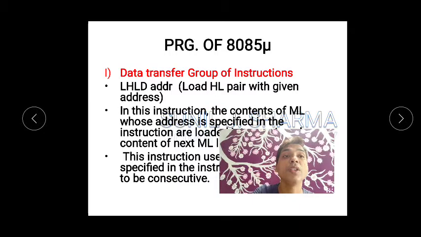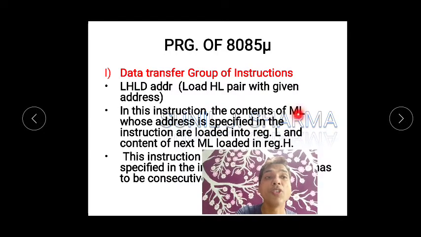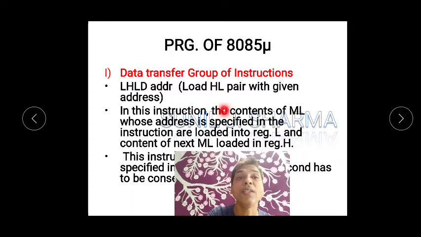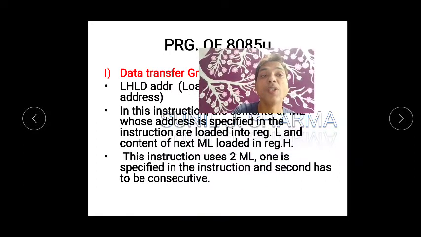In this instruction, the contents of the memory location whose address is specified in the instruction are loaded into the L register, and the contents of the next memory location are loaded into the H register.